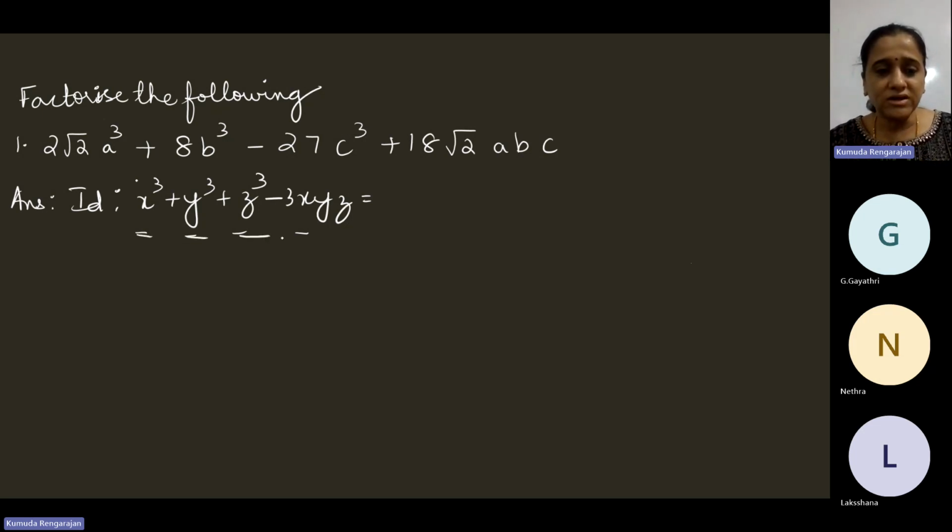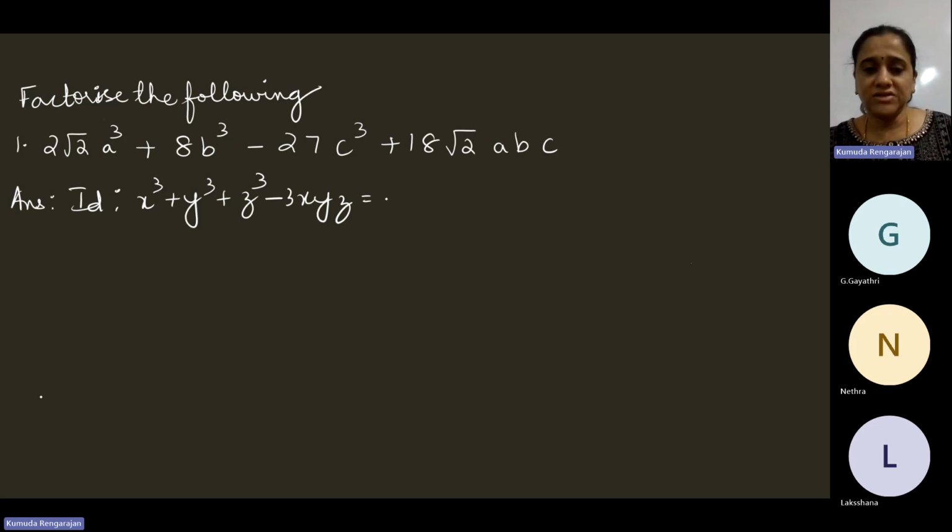Are there 4 terms here? Yes, there are 4 terms. Of these 4 terms, you can see x cubed, y cubed, z cubed. These are 3 perfect cubes. So the given question and the left-hand side of this identity look alike. They can be compared, so we have chosen the correct identity.